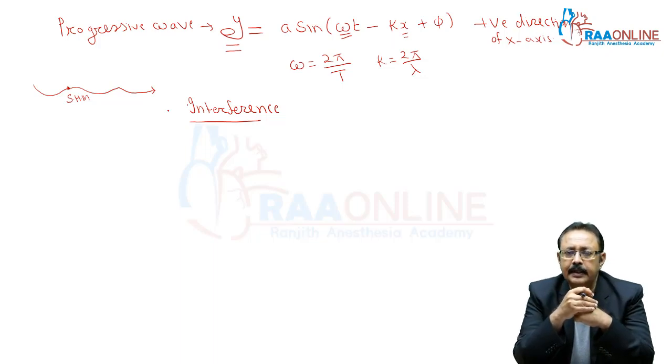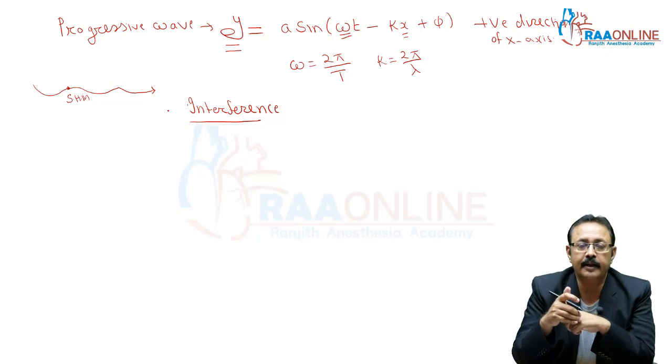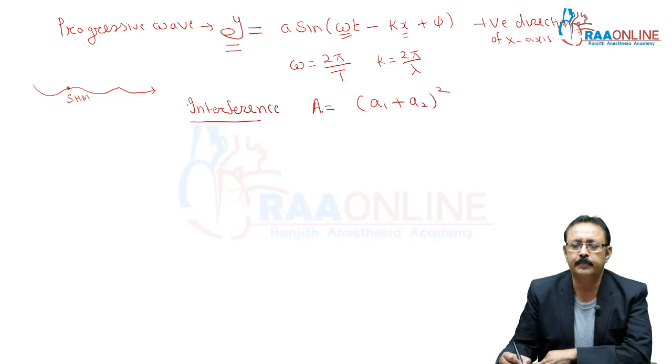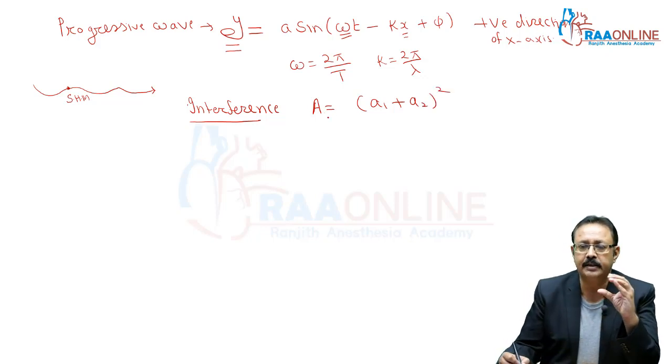The places where the amplitude of the resulting wave becomes A1 plus A2, whole square, are the places where the intensity of sound is maximum.